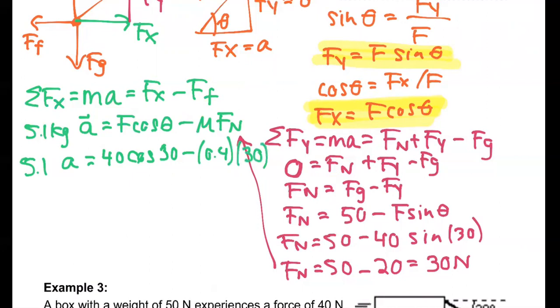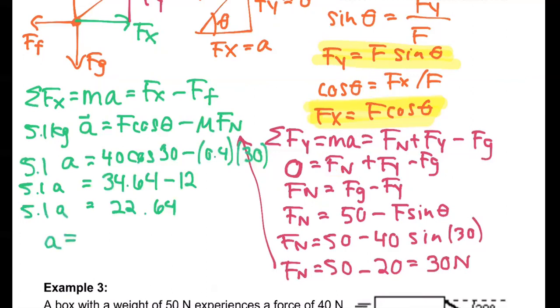This gives me 34.64 minus 30 times 0.4 is 12 equals 5.1a. 34.64 minus 12 gives me 22.64 equals 5.1a, which gives me an acceleration of 4.44 meters per second squared.